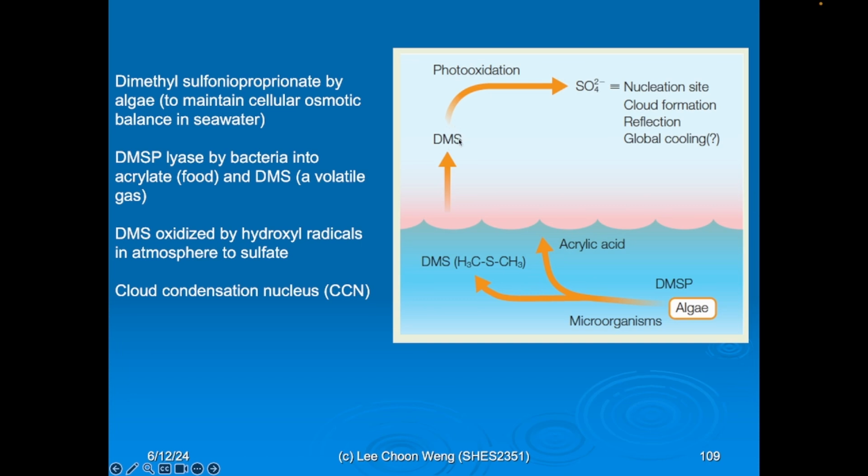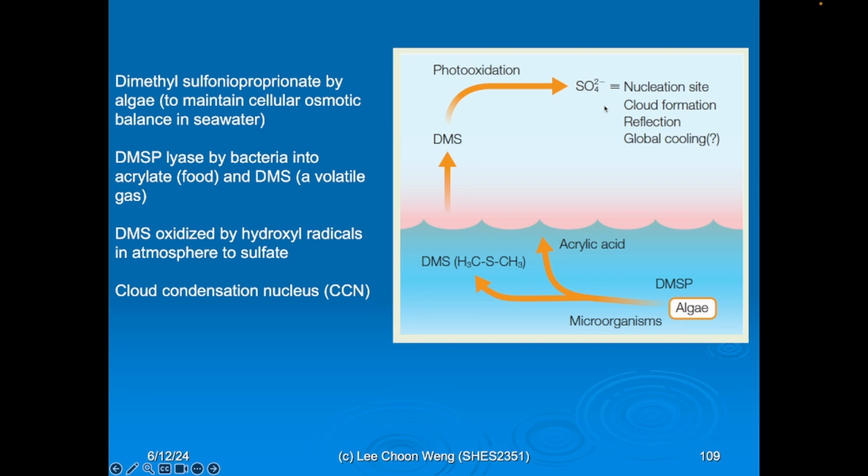So when DMS is released into the atmosphere, sometimes it is photooxidized by the sun rays into sulfate. And sulfate is known as a cloud condensation nucleus, where the availability of sulfate allows cloud formation.